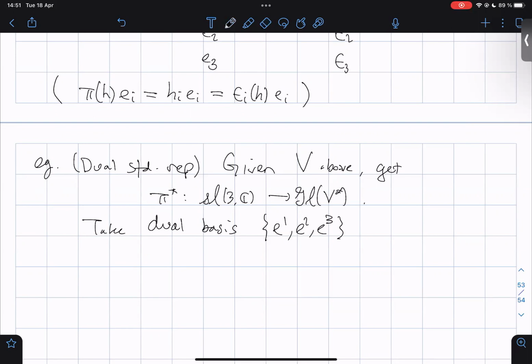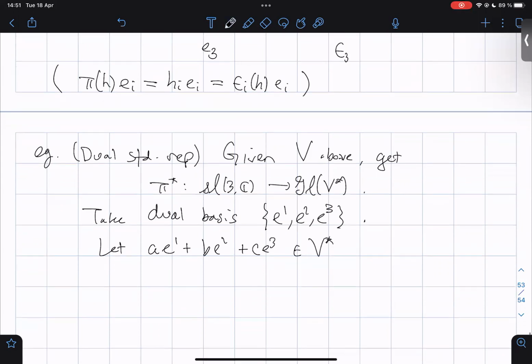And again, let's take this in a basis. So let's take A E^1 plus B E^2 plus C E^3 to be an element of the dual space. A, B, C, but now with respect to different bases, E^1, E^2, E^3 with superscripts.